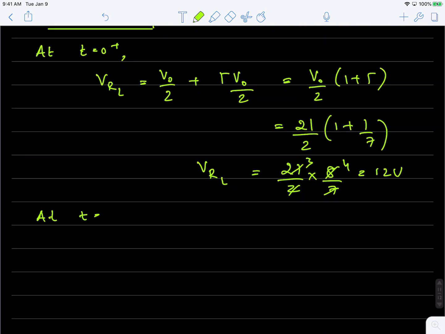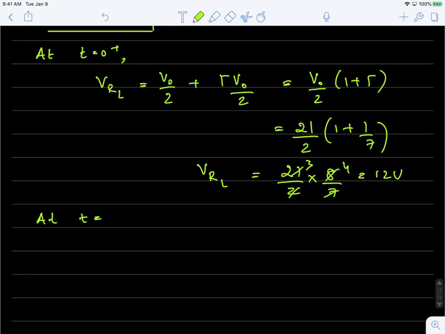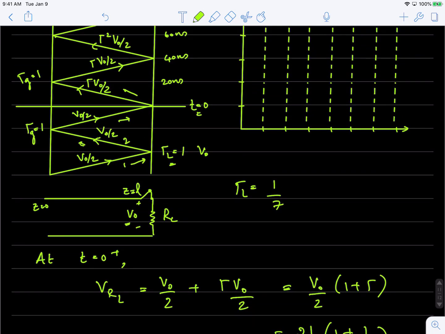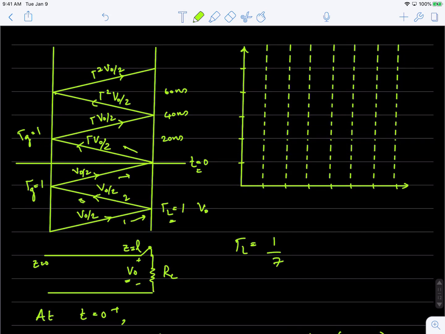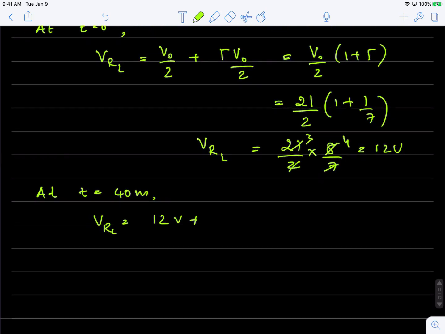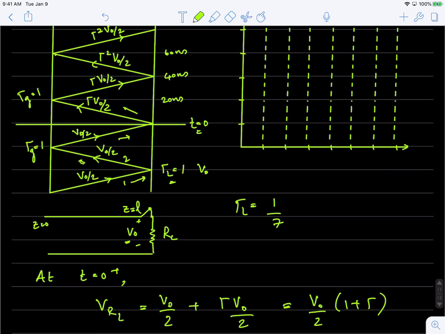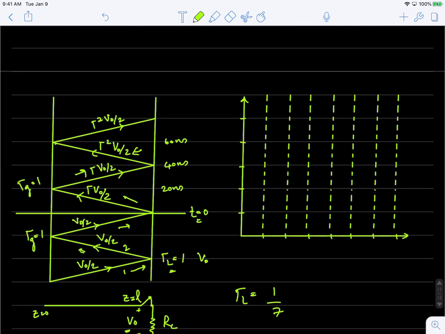At t is equal to, let's say, it is going to remain the same until 40 nanoseconds, but at t is equal to 40 nanoseconds, we will have VRL equal to 12 volts plus gamma V naught by 2, gamma 1 by 7, 21 by 2, that is this one, and plus this one.